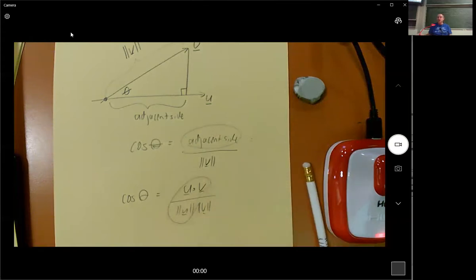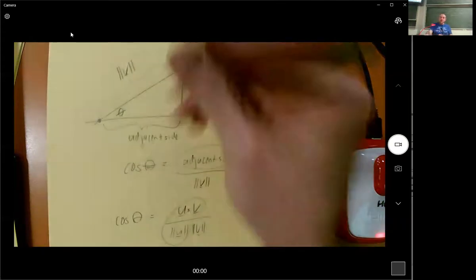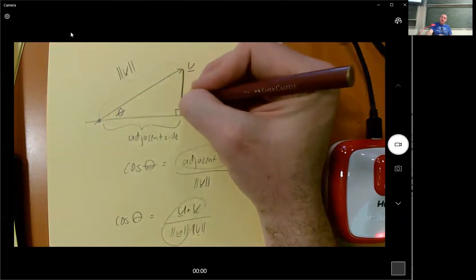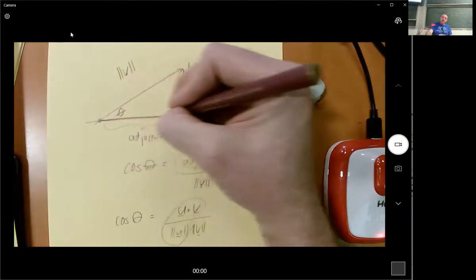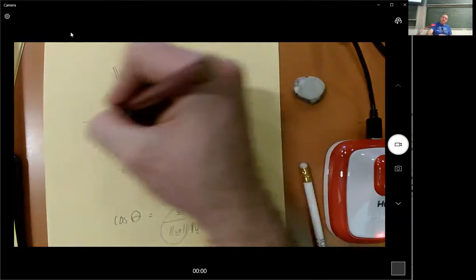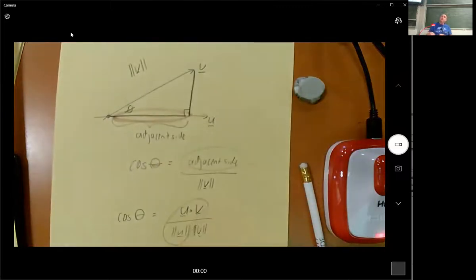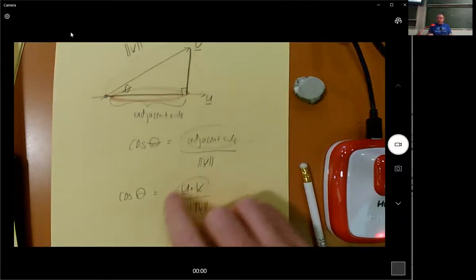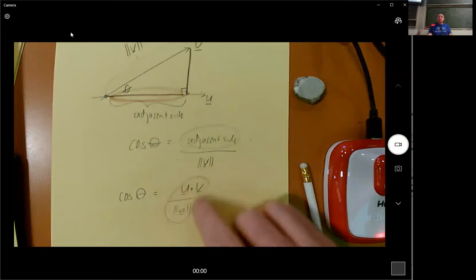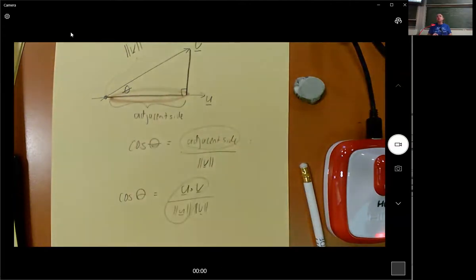So this action here of taking v and creating a triangle along the other vector is called the projection of v onto u. And its length is this bit, because it is the adjacent side of that triangle.